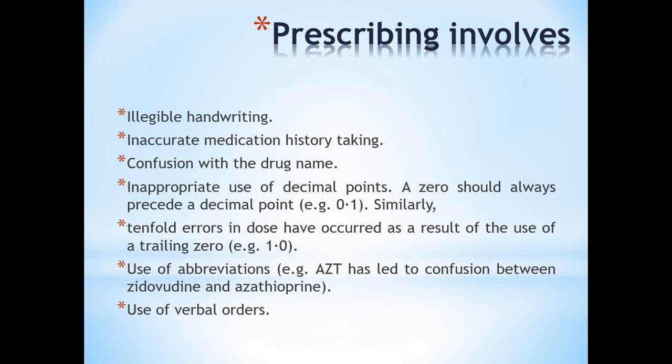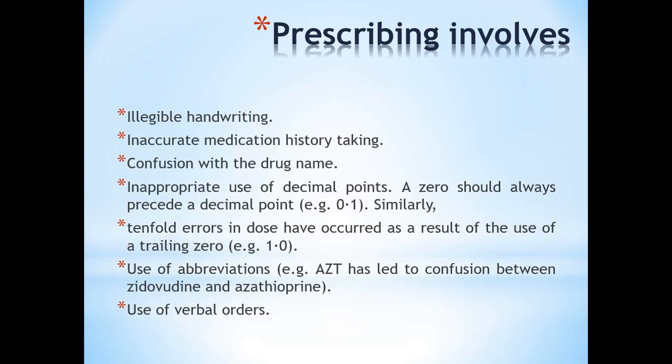This is a very important point: when writing the doses of the medicine, the use of the decimal is very important to check, and it has its significance. Inappropriate use of a decimal point may cause overdosing or underdosing of the medicine.